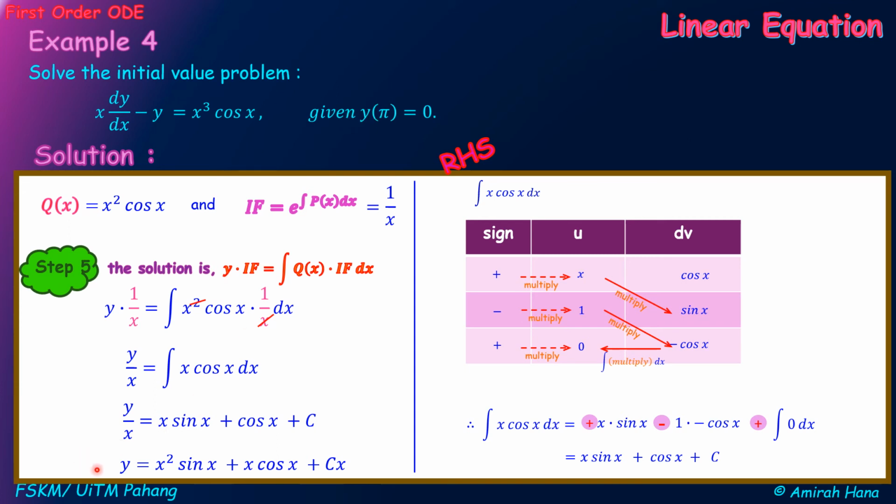So, after we find the general solution, we need to find the value of c using the given initial condition. Alright. If the initial condition is not given, this is our final answer because we do not need to find the value of c. But in this case, we are given the initial condition. So, we need to continue to the next step, which is to find the value of c.